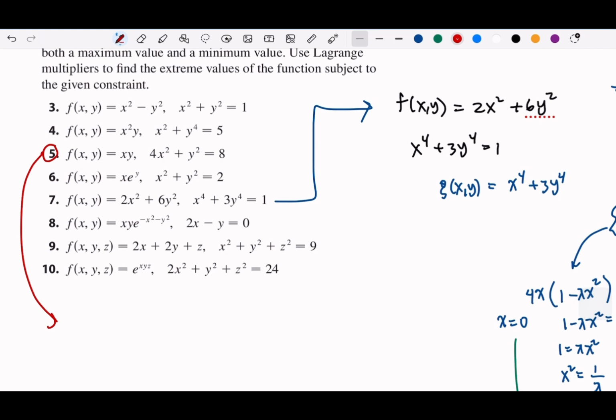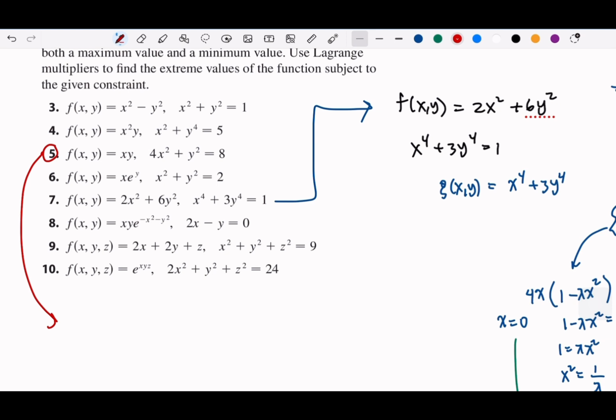I'm not expecting you to solve until the very end. At least until the middle part is still good enough. So the first part: partially differentiate. If you are given a Lagrange question, f is usually your function to be maximized or minimized, the extreme values. So focus on that.